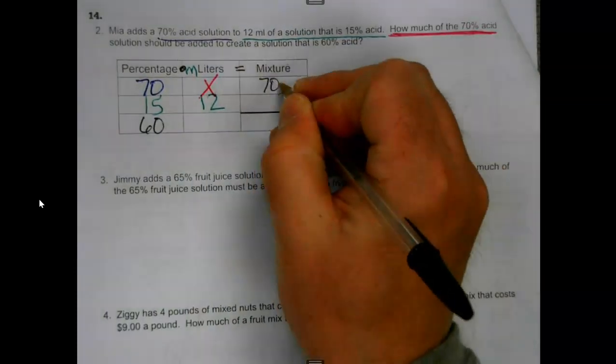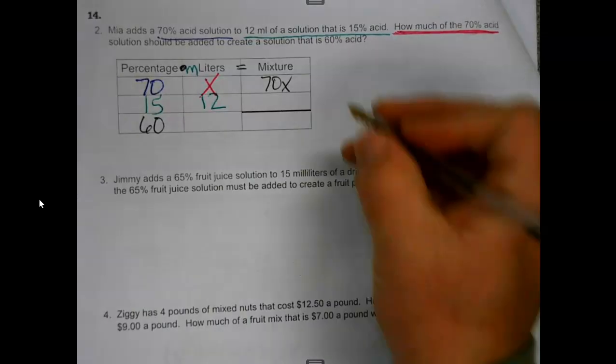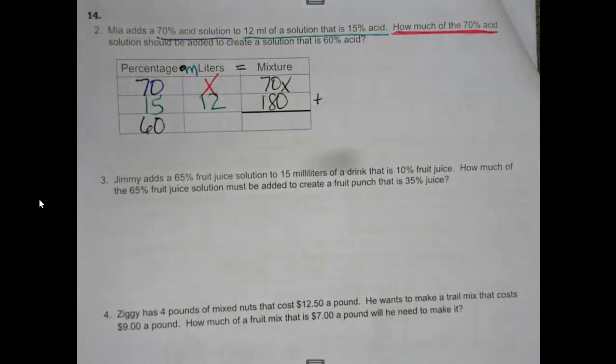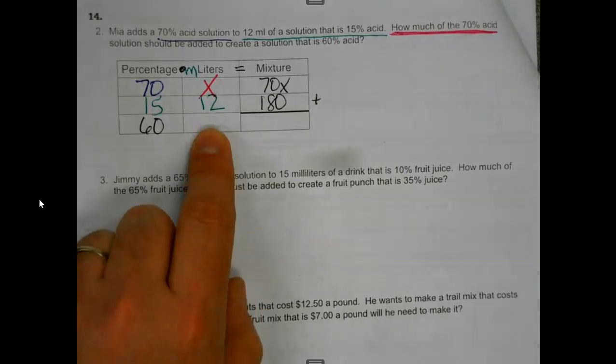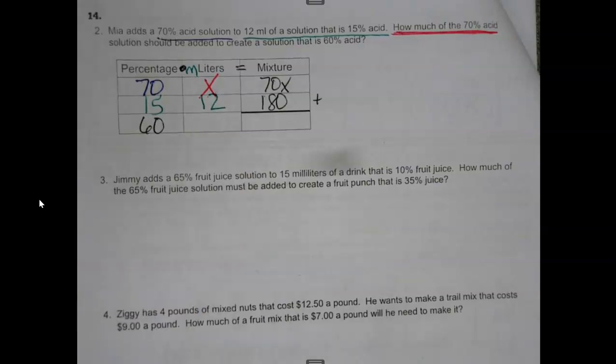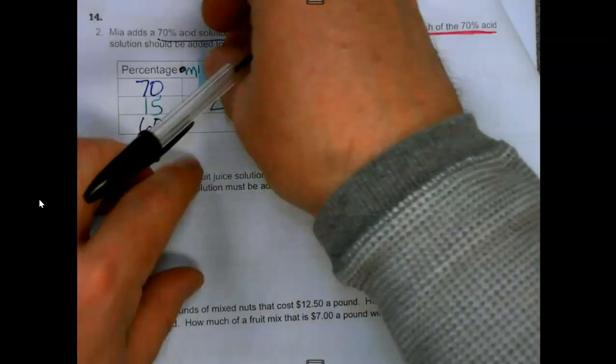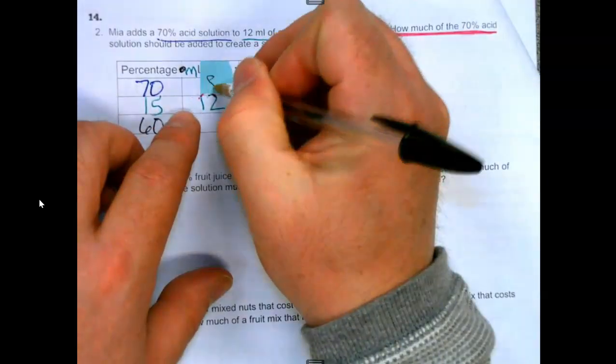So we got 70x plus 180. You're like, Hardy, nothing there. Okay, let's think about this for a minute. Let's say I told you, instead of that being X, that was 8.